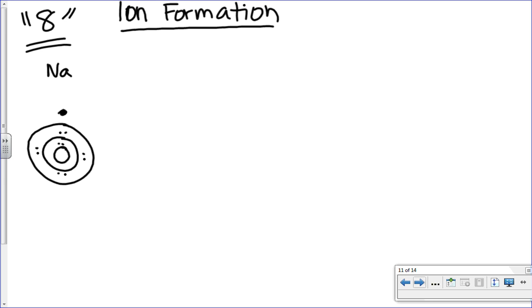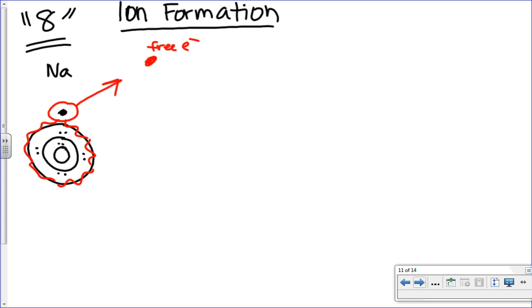So instead of gaining electrons to fill this energy level, it kicks this one off. This electron leaves and becomes a free electron. Once that happens, this outermost energy level goes away, because there aren't any electrons there anymore.